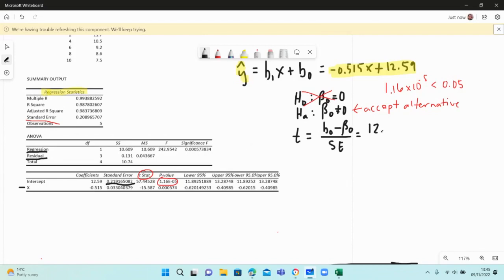So it's 12.59 minus 0, and the standard error is, as shown here, 0.219165082, and this gives us 57.44528.